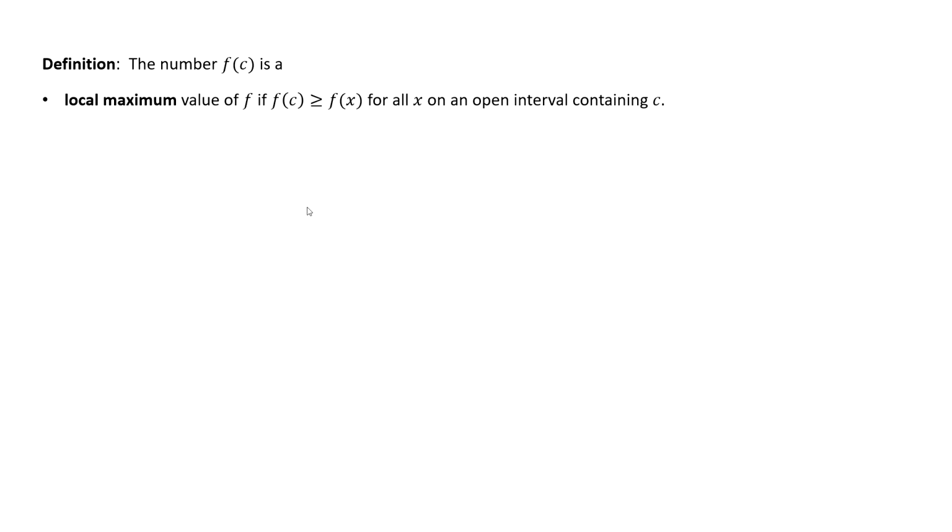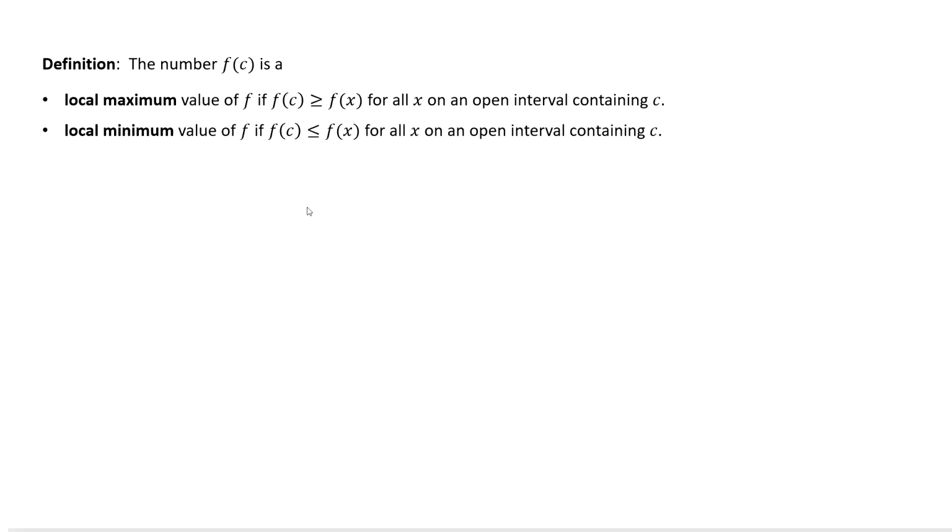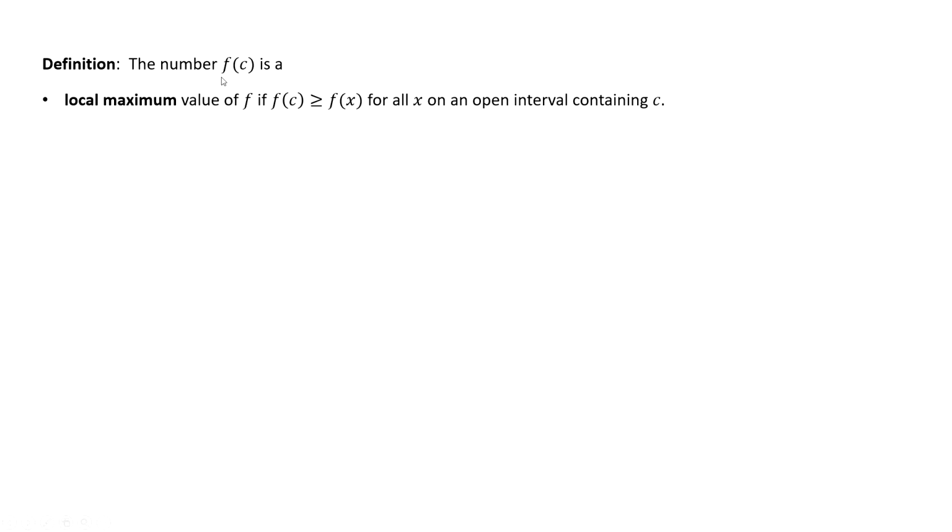That's just a little less straightforward. Let me put it that way. What do I mean? The number f of c is a local maximum value of f if f of c is greater than or equal to f of x for all x. It almost looks like the absolute maximum's definition, right?